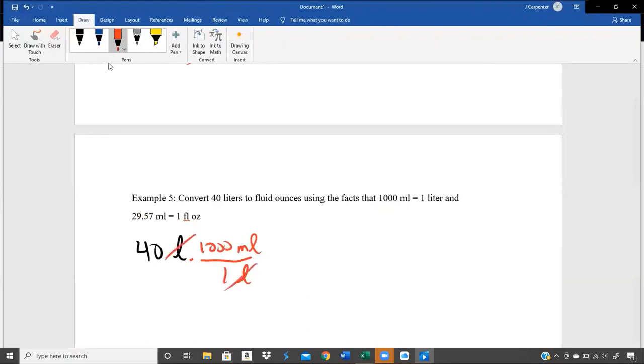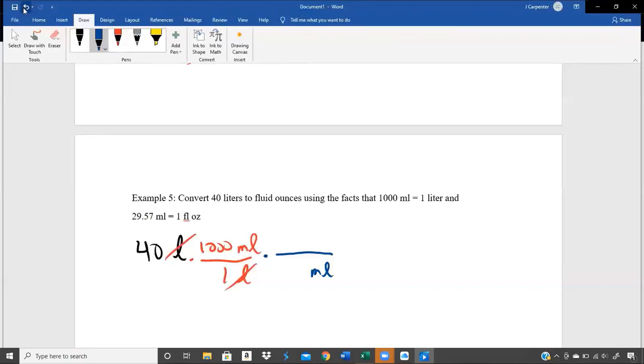Out with the old. The liters are gone. But now we're in milliliters, which is not the units they want, which means we have to do this again. So times a fraction. Out with the old. What's the old? It's the milliliters. So we put milliliters in the bottom. The old is not always the original one. It's whatever we just most recently have. In with the new. What can we go from between milliliters?